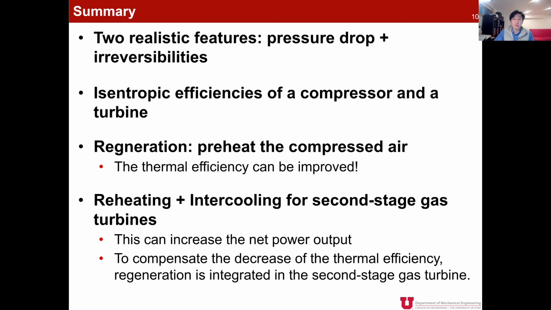So by having those two-stage or more stage gas turbines, we can increase the net power output. But in return, usually the thermal efficiency is getting worse. So in order to compensate this decrease of thermal efficiency, many times we integrate the regeneration scheme or regenerator with multi-stage gas turbines. We don't really have to have both reheating and intercooling. Sometimes we only use reheating while we only have one compressor.